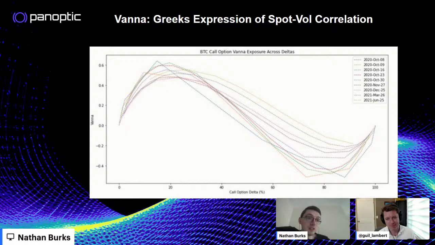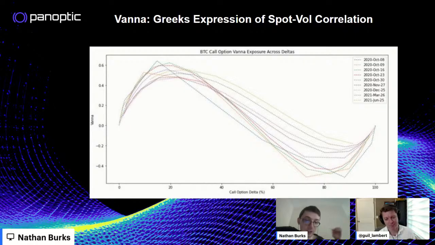Since the 15 delta mark empirically seems to be where Vanna peaks, that was the delta threshold from which I decided to conduct our backtests, through the lens of risk reversals.